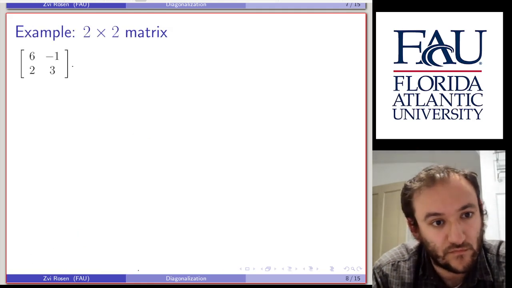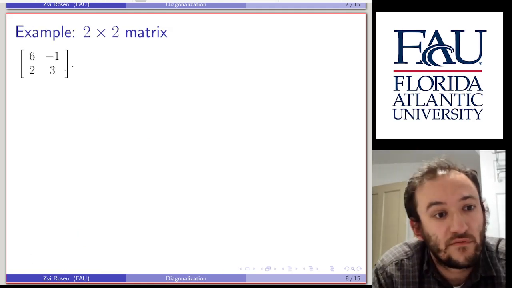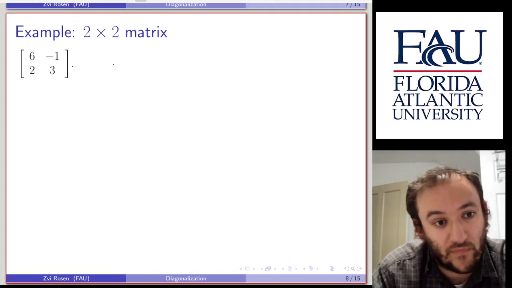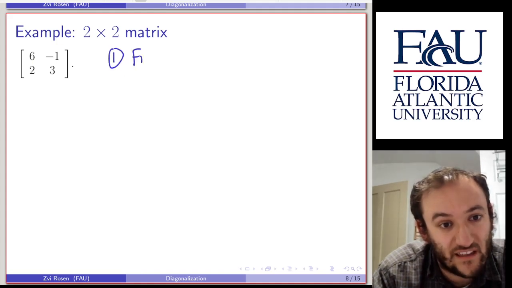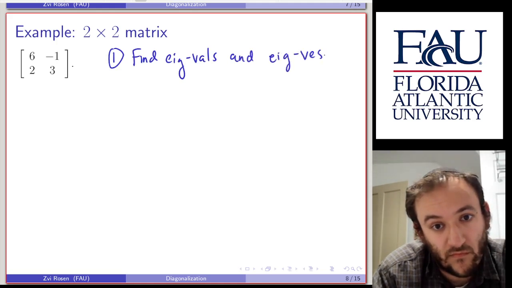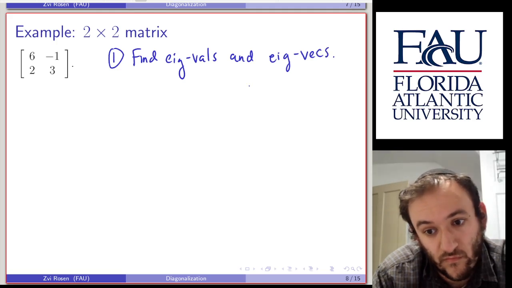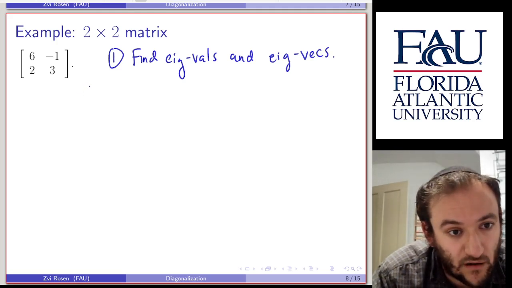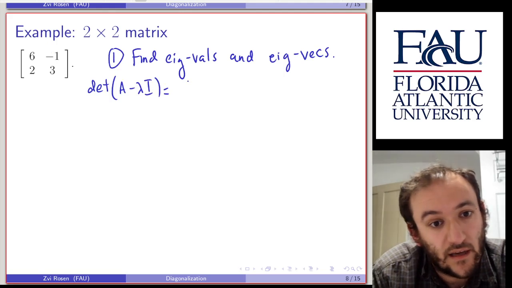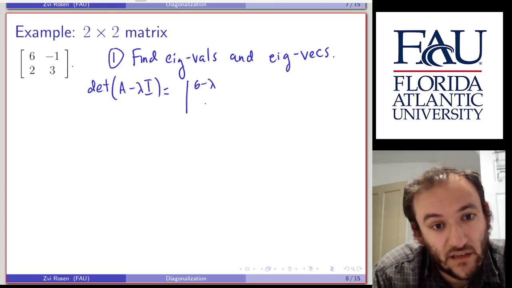Okay. So let's see this in action. We start with this 2 by 2 matrix, 6, minus 1, 2, 3. And the first step is to find the eigenvalues and eigenvectors. So let's recall how to do that. We take the determinant of A minus lambda I, which is the determinant of 6 minus lambda, 2, minus 1, 3 minus lambda.